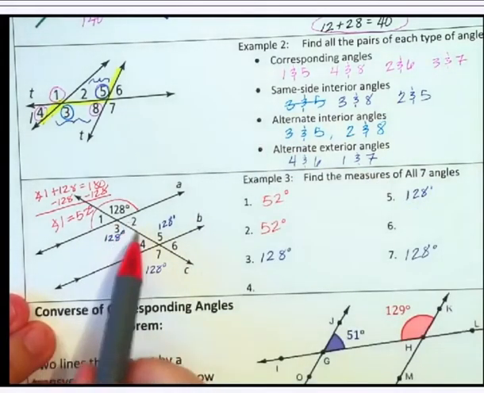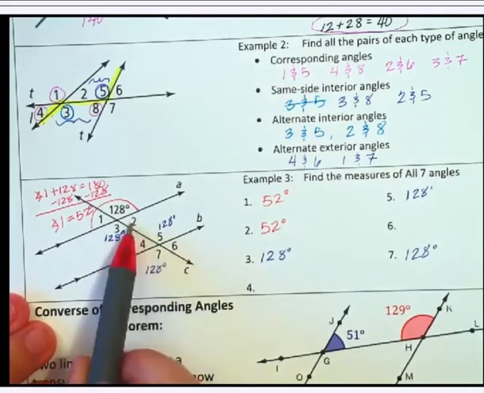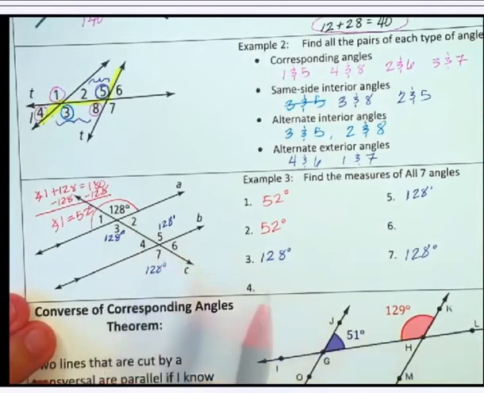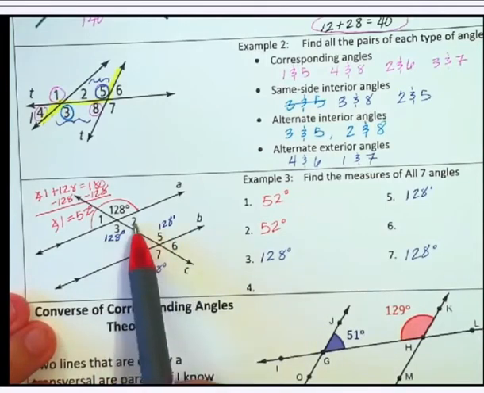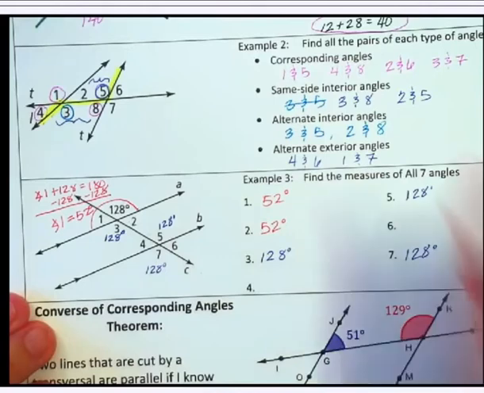Okay. What's the connection between angle 2 and angle 6? These angles are both on the right side of the transversal and on the bottom of line A, bottom of line B. These are corresponding angles. Okay, so angle 6 is also 52 degrees.